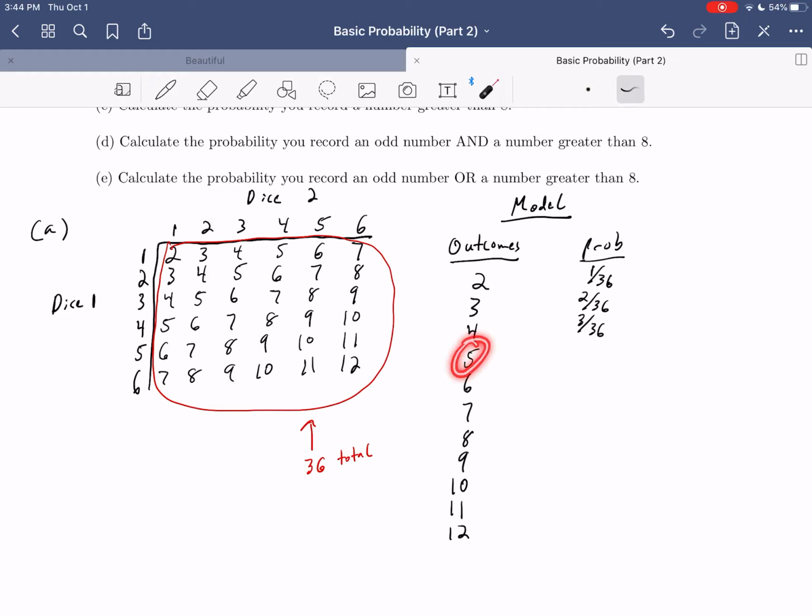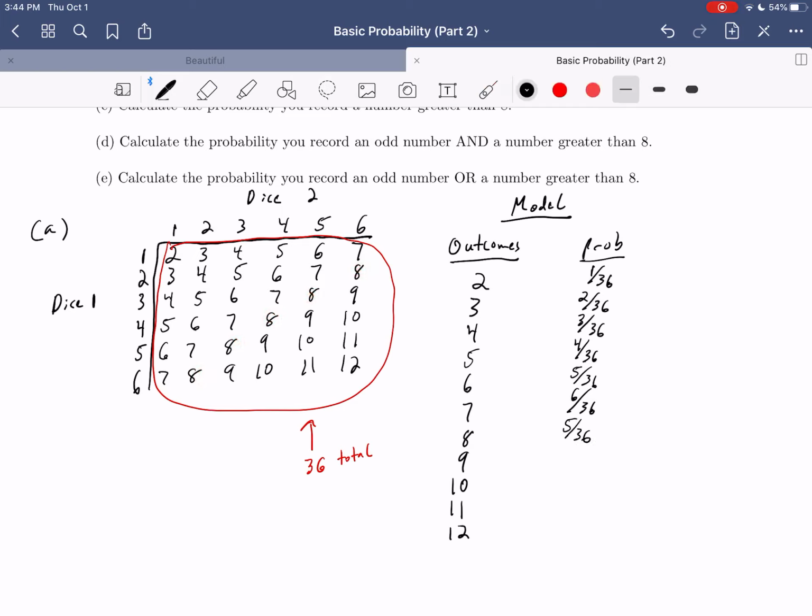For the 5, there'd be 1, 2, 3, 4, 4 out of 36. For the 6, there'd be 1, 2, 3, 4, 5, so 5 out of 36. For the 7, there'd be 1, 2, 3, 4, 5, 6 out of 36. For the 8, there'd be 1, 2, 3, 4, 5 out of 36.